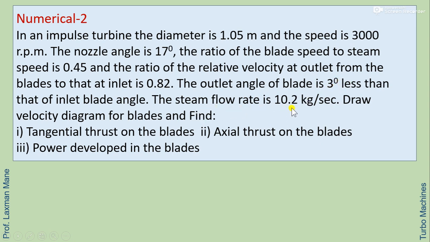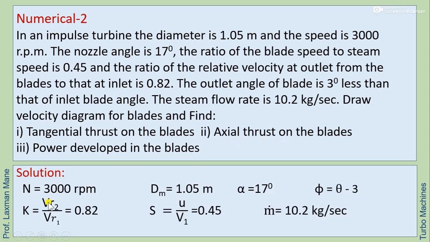Steam flow rate is given. Find tangential thrust, axial thrust and power. First of all, enlist the data: speed, diameter, angle alpha, relation phi equals theta minus 3, ratio of relative velocities, speed ratio and mass flow rate.